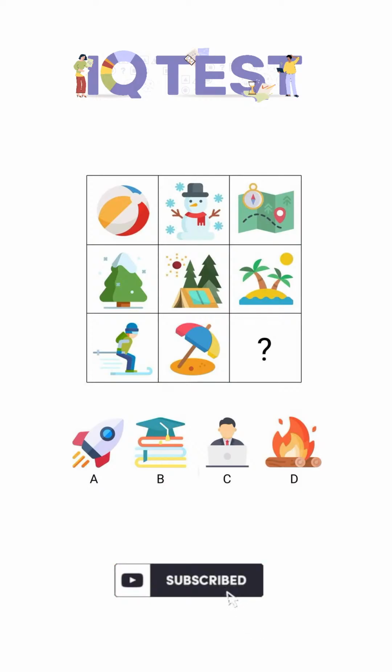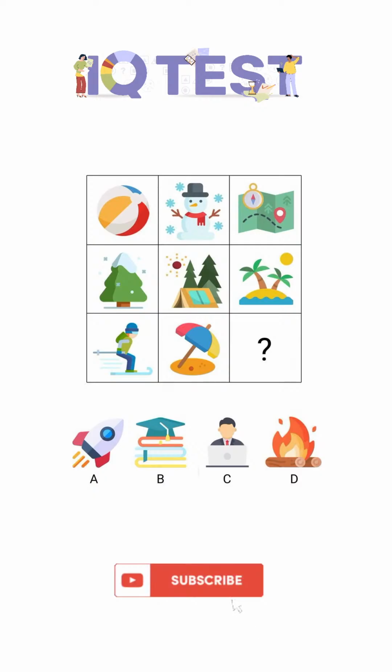So we can see a pattern here. We have a beach volleyball, a snowman, a compass, and a map. Then we have a snow falling on a tree. We have a campsite. We have an island. We have a skiing. And then we have some umbrella on the beach. Okay. So what is missing?